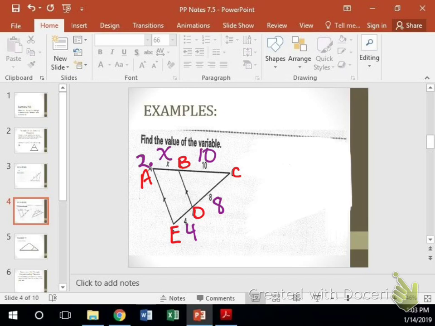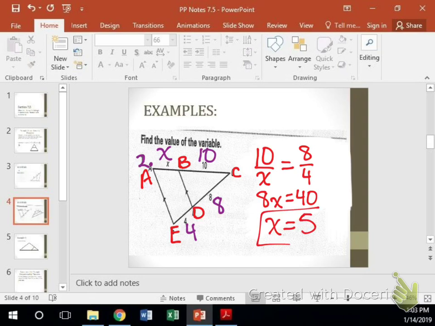All right, so if we start with the top side, we could put 10 over X equals, what would the corresponding parts be of that other side? 8 over 4. Good. Okay. We cross multiply and we solve. When we cross multiply, what do we get? 8x equals 40. And then to solve, we have to divide, and x equals 5.